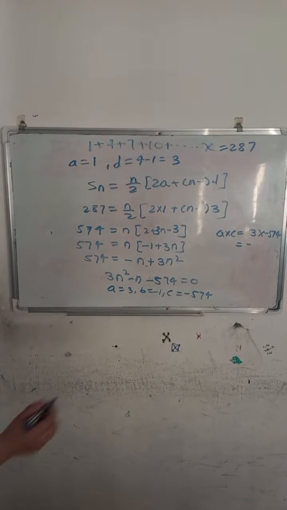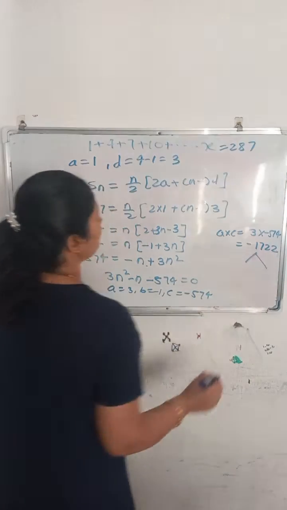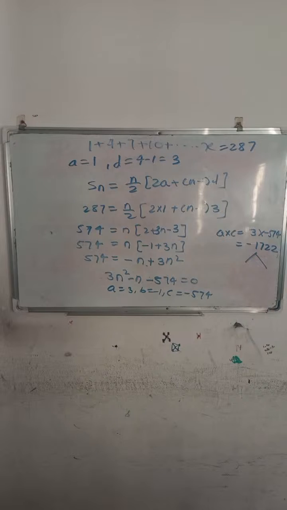1722, and take the factors of this. So you can go for a prime factorization, okay, and make a grouping of this prime factorization. So you will get the number. Getting this?